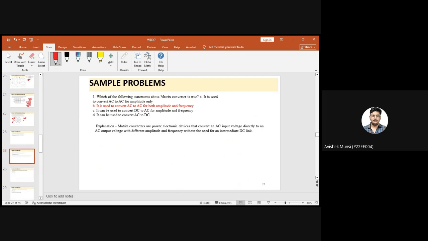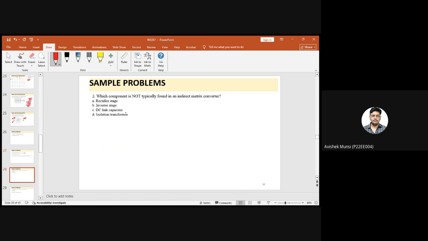So here a matrix converter can convert AC to AC for both the amplitude and frequency. Okay. So option B is correct. Next question, which of the following is not typically found in an indirect matrix converter?